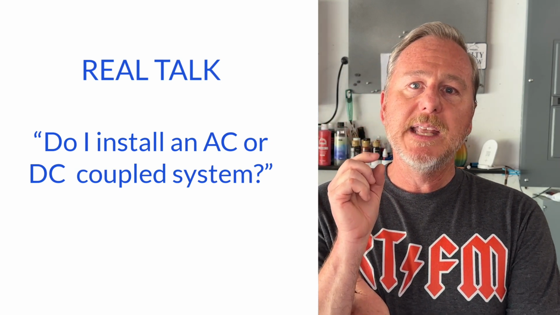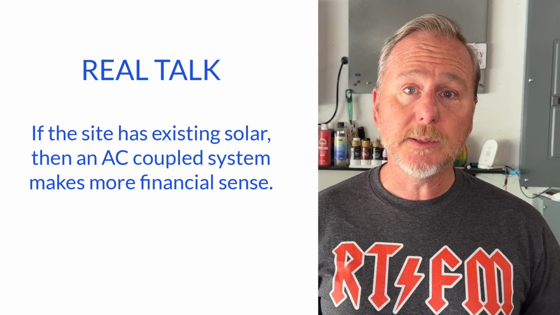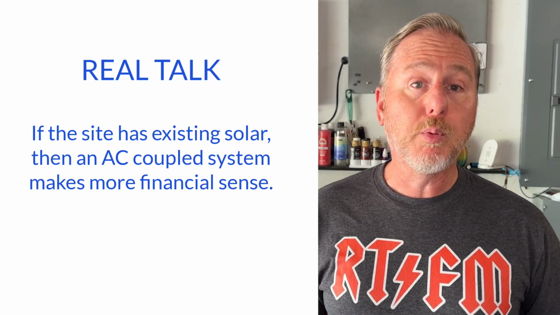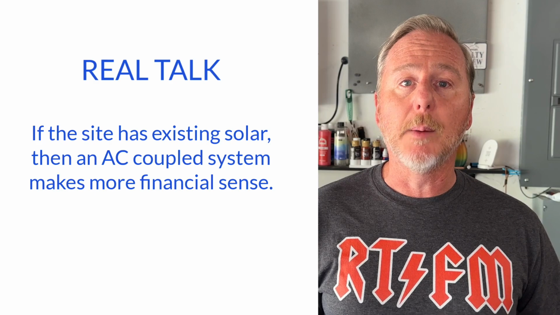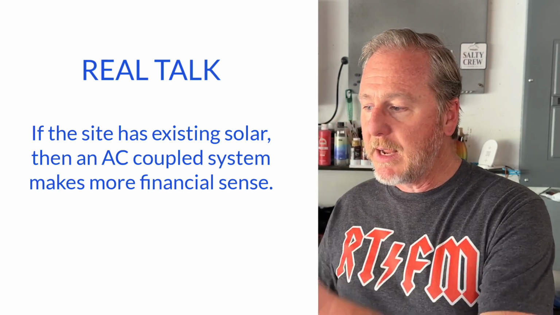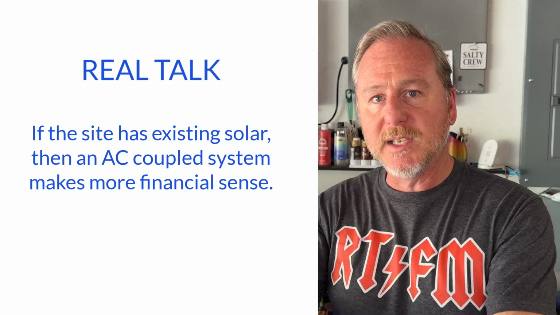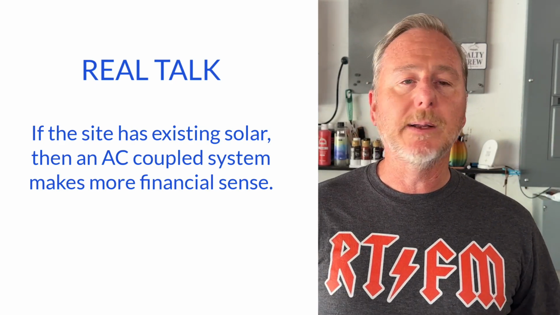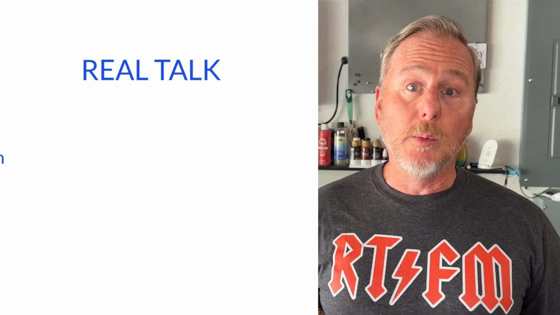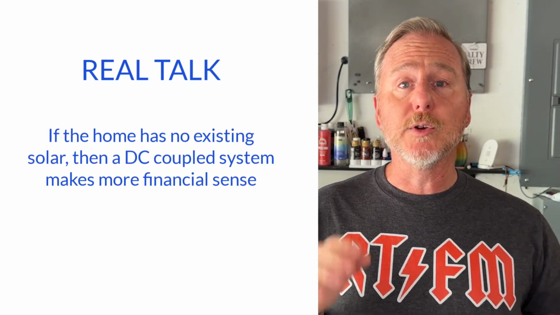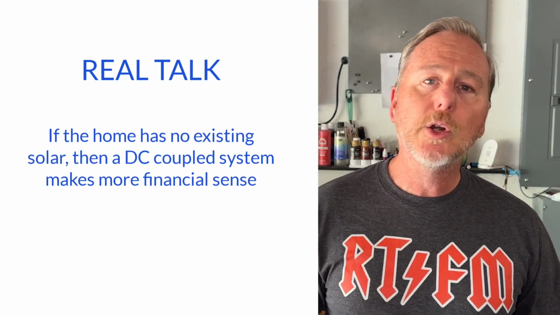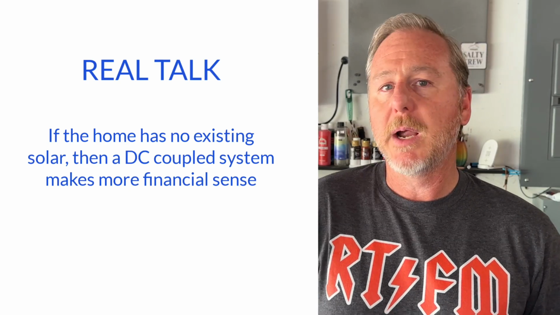So what it boils down to, if the existing site has solar, it already has a system, then you will probably use an AC coupled architecture. And they will bring in a hybrid inverter and a battery and we will use your existing solar to charge the new battery. That's how it is. So if the installer comes to your house and there's no solar on it, you're getting a DC coupled system, period.